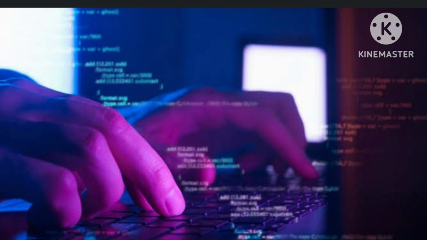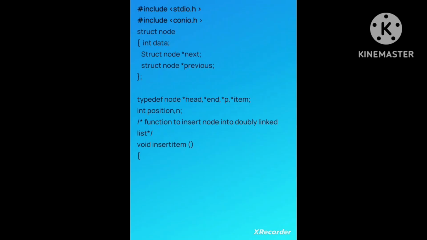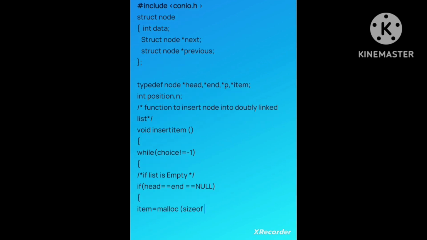Let us have a look at the programming concept of doubly linked list using C programming code. So let us start with defining the structure of the node for the doubly linked list. The node will consist of next and previous pointers, two pointers and one data value.